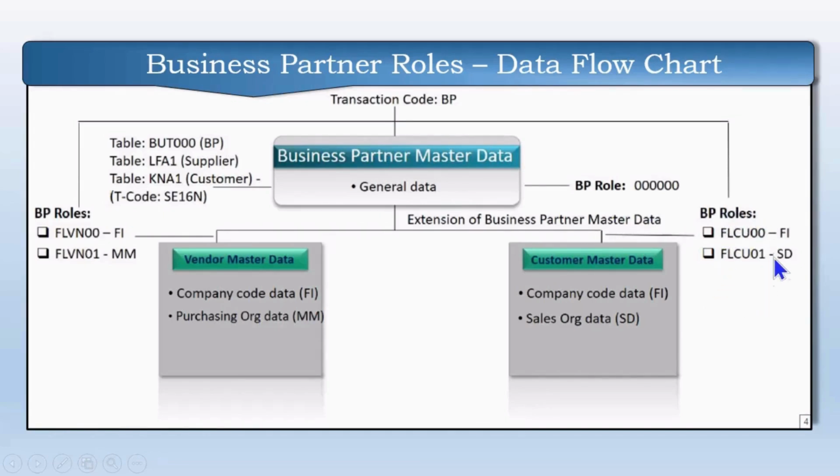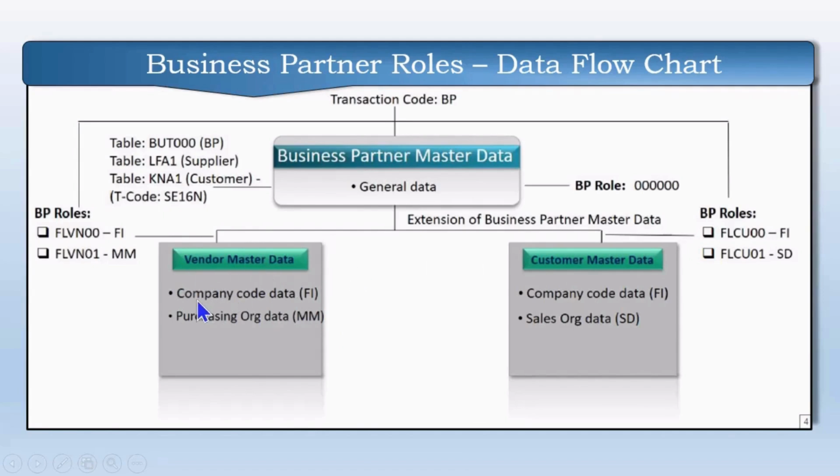The sales and distribution side also will have a finance role, FLCU00, that's the finance role. That's the code assigned, it's SAP standard. FLCU01, sales and distribution, will be the role of a customer. So the same business partner will have multiple roles, a vendor role and a customer role.